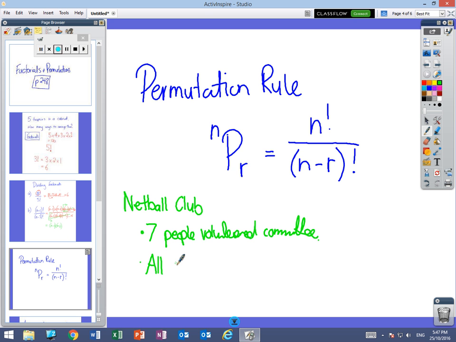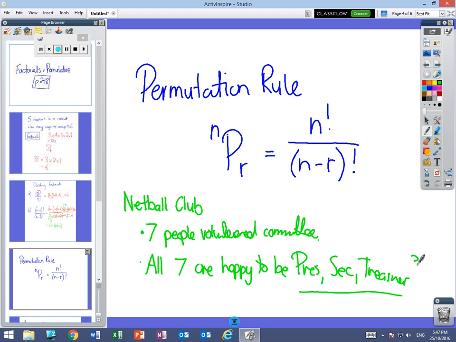All 7 are happy to be president, secretary, or treasurer. This tells us that there are 3 positions.